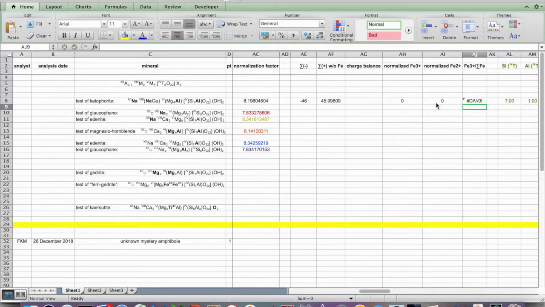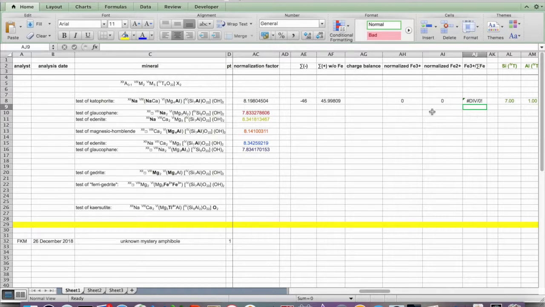And yes, we have a divided by 0 error, but I'm not worried about that because there is no iron in this formula. You'll see that when we copy this formula down to the ferrogedrite and then again to our mystery amphibole, this will ostensibly be a real number.